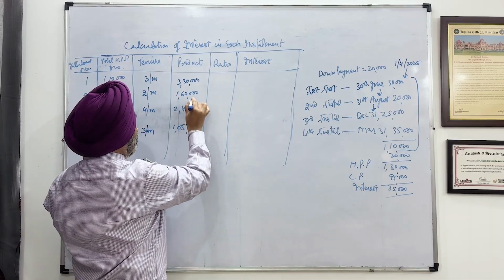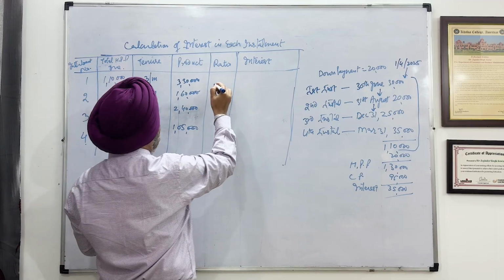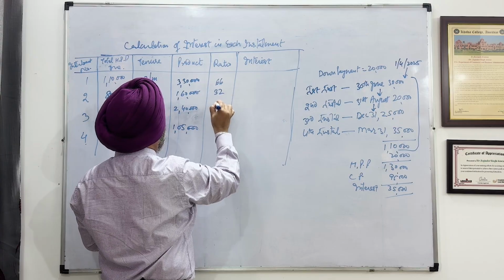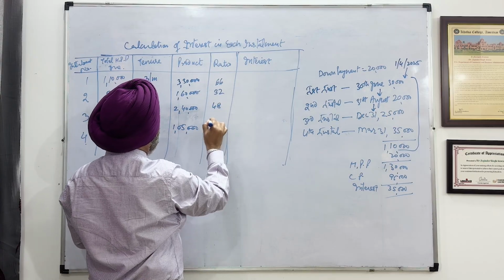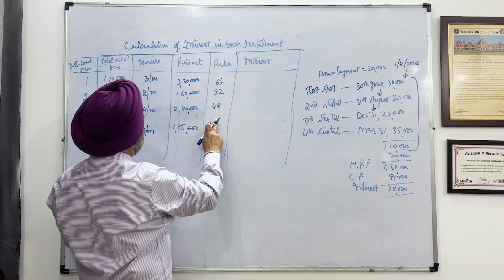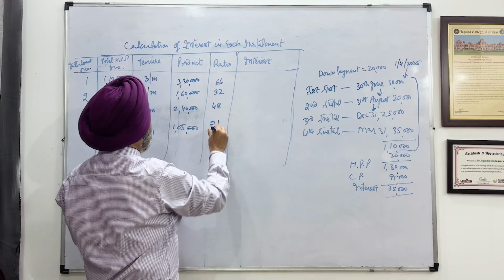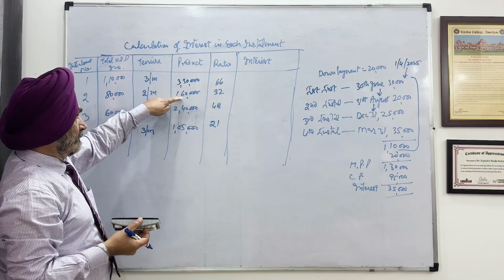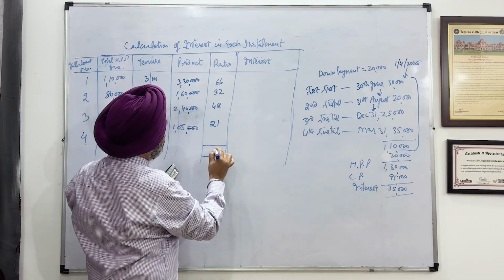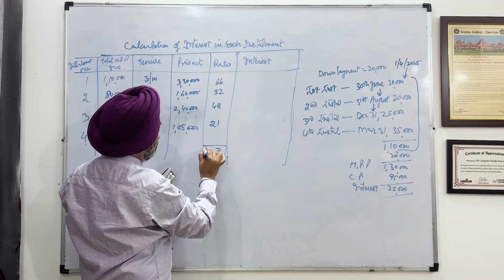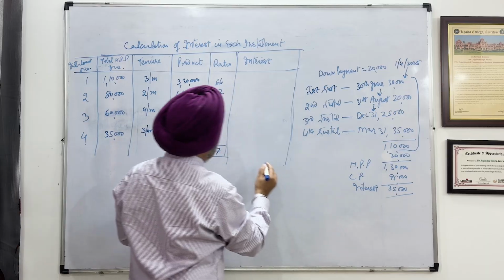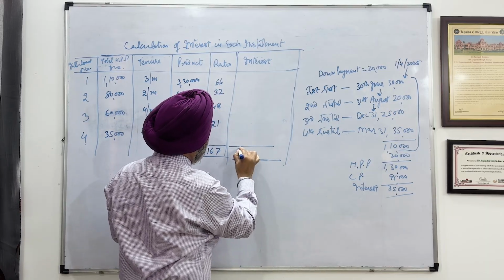So when the ratio of the product is calculated, it comes out 66, 32, 48 and 35. Each divided by 5, it comes out 21. Then in this ratio, the total interest of 35,000 will be divided.